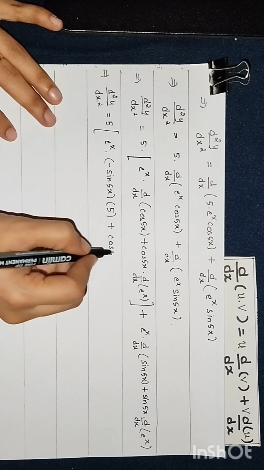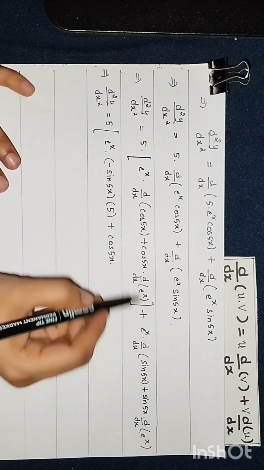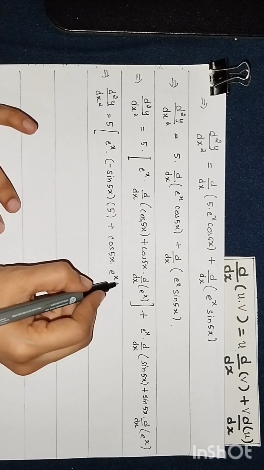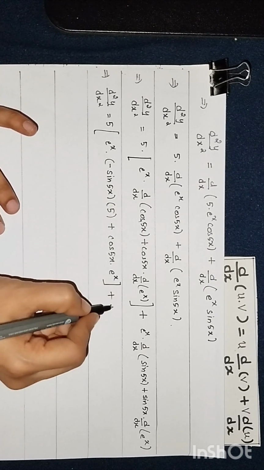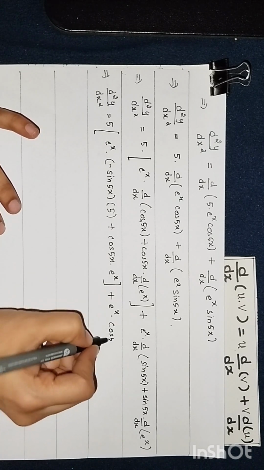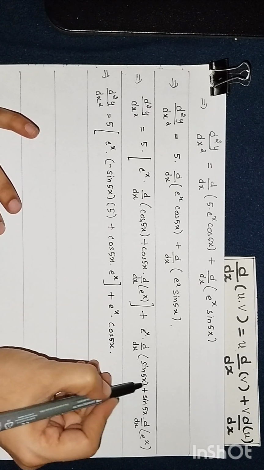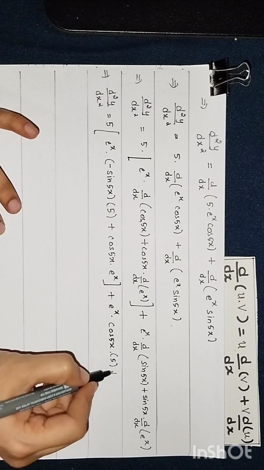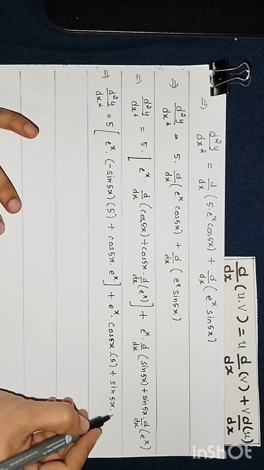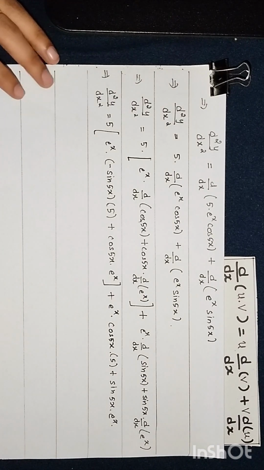Plus cos 5x, and derivative of exponential function e power x is e power x. Then plus e power x into derivative of sin 5x, which is cos 5x, and if you differentiate 5x, you will get 5, plus sin 5x, and derivative of e power x is e power x.